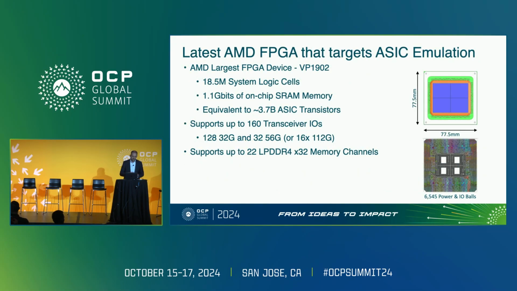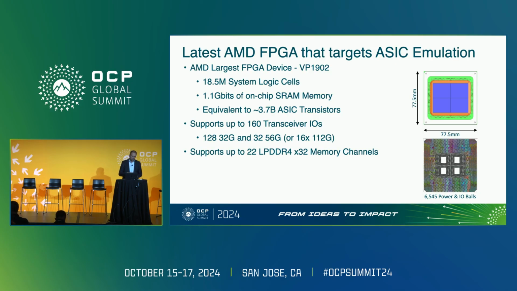So if we look at AMD's latest FPGA that they've built specifically for ASIC emulation, that's their device called the VP1902. It's got 18.5 million system logic cells and 1.1 gigabits of on-chip SRAM. Those system logic cells basically roughly translate to about 4 billion equivalent ASIC transistors in your custom ASIC.